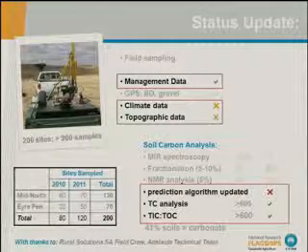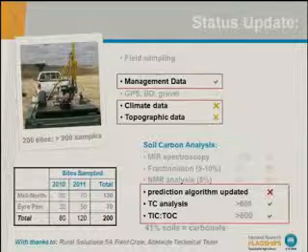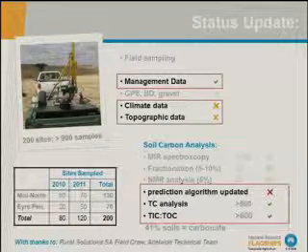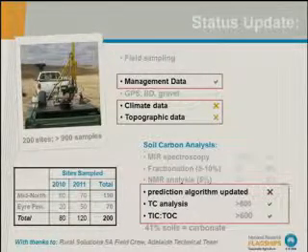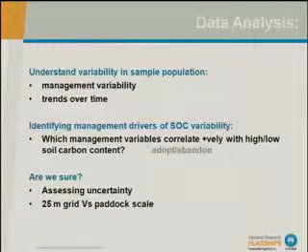I guess that just highlights the data sets that we're going to have in terms of the management, the environmental, and the carbon data sets. From there, we're looking to understand the variability in our sample population, first of all purely with the management questionnaire, and secondly looking to identify management drivers in soil organic carbon content over these two regions.